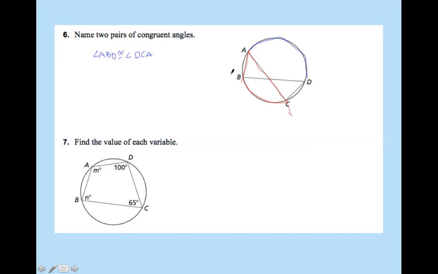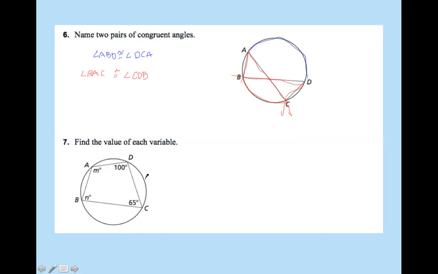And the other one that crosses it would be this angle right here. It's getting kind of messy, sorry. So the other pair of congruent angles would be angle BAC is congruent to angle CDB, because both of them intercept arc BC.